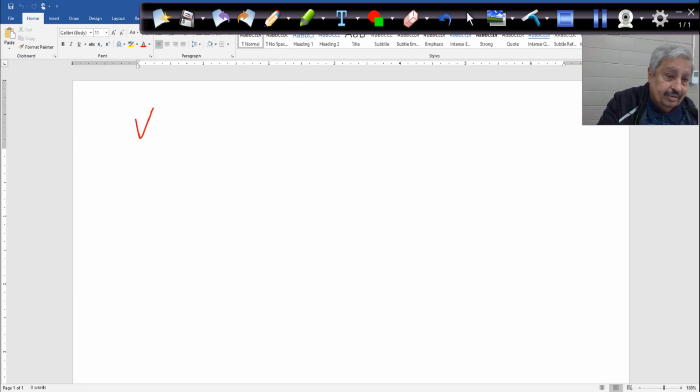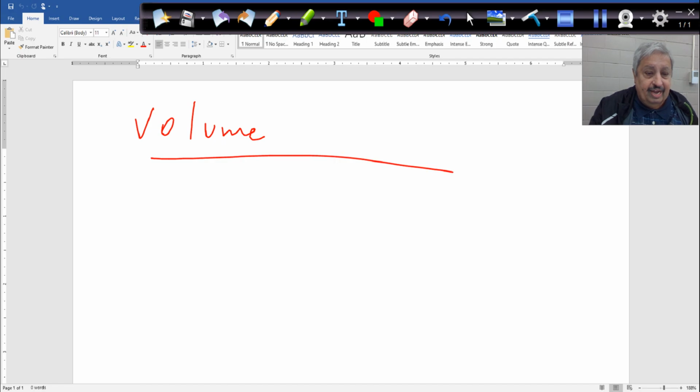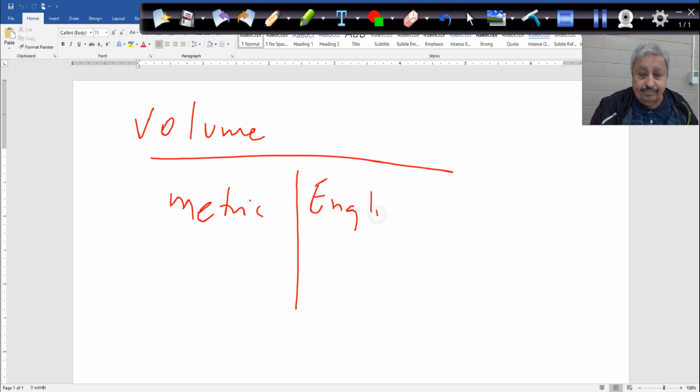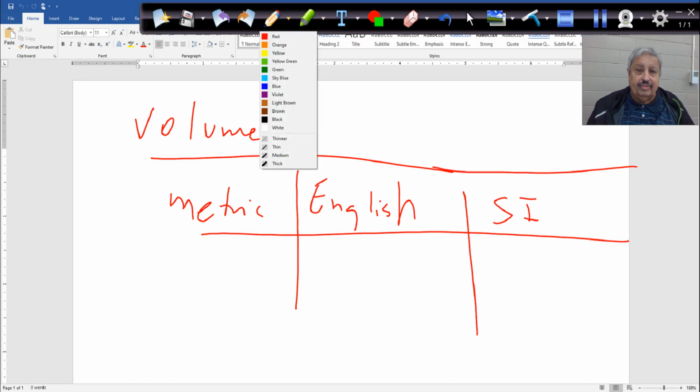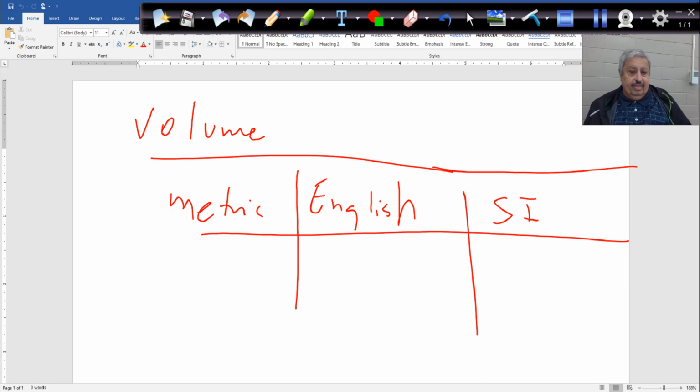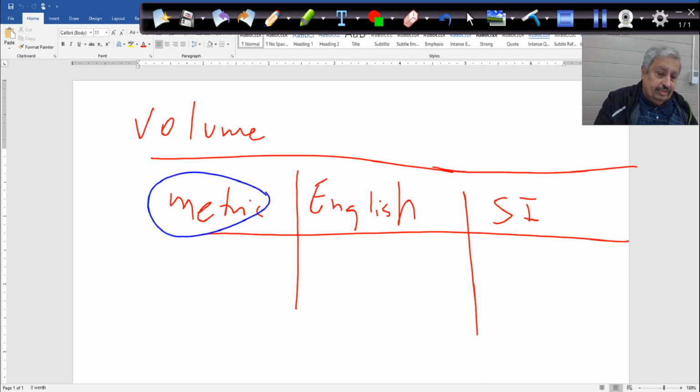The volume here, again, we have metric, then English, and then we have SI. Well, in metric here, because in the gases, this will take priority. This is very important.